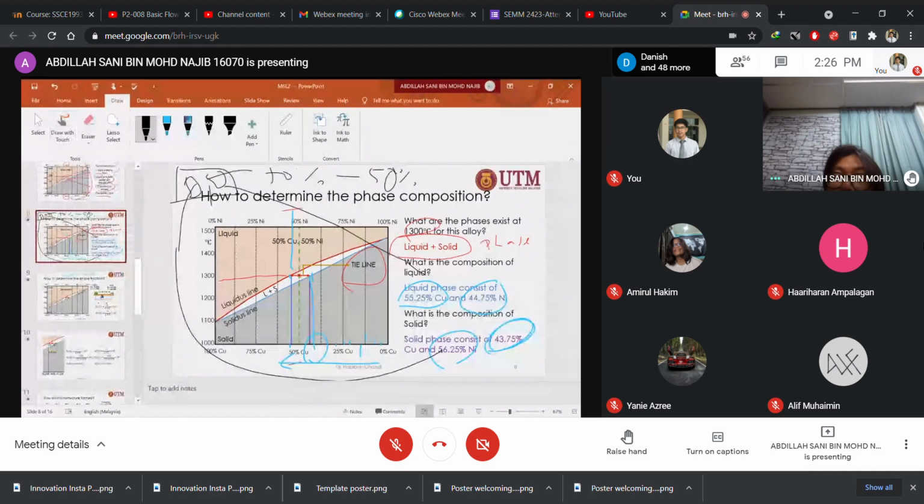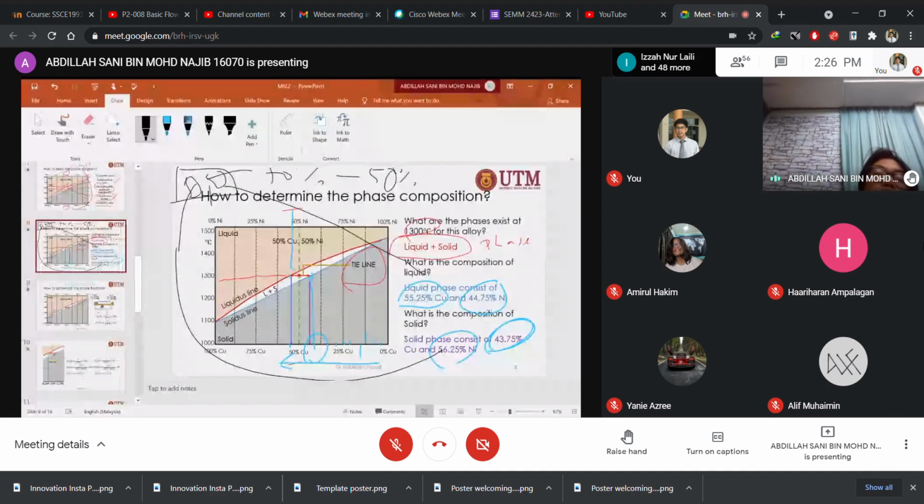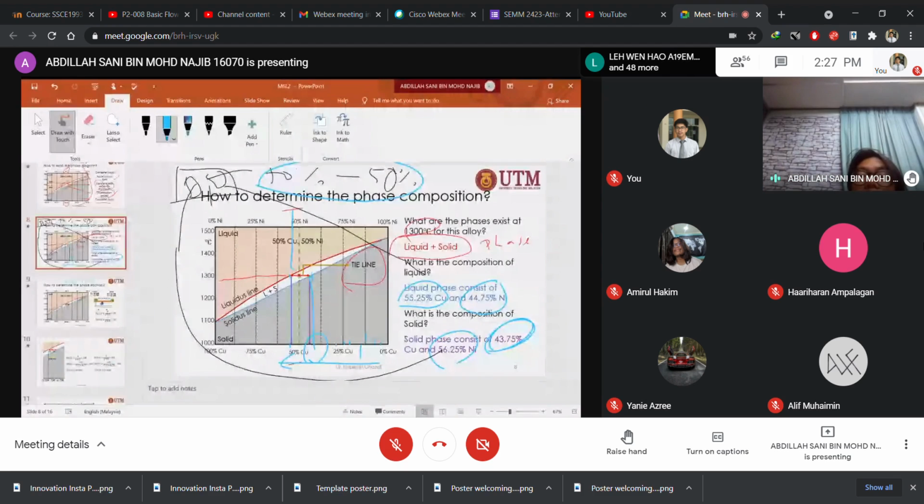Because the melting point of nickel is higher, so it solidifies first, so it has more atoms in the form of solid. I want to differentiate this total amount: 50 to 50 is the total amount, but the amount of each phase is different.